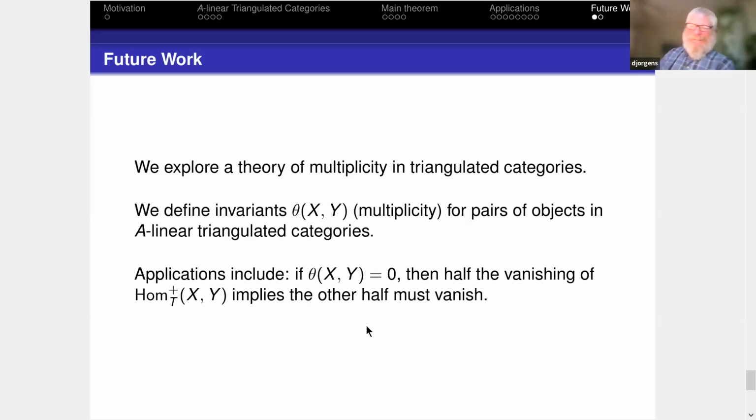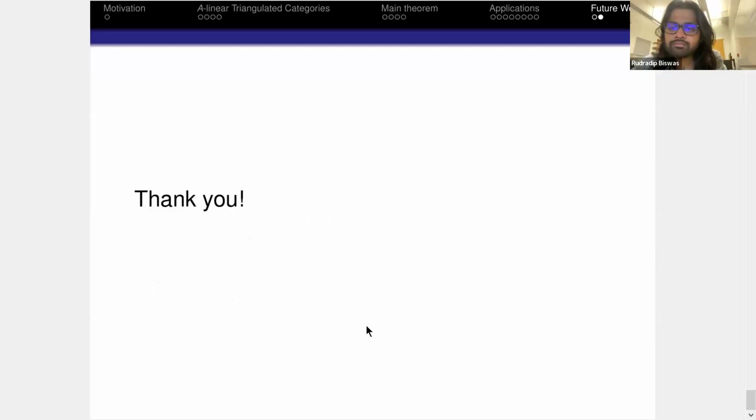So that's kind of a vague statement, but just to illustrate that the multiplicity also has something to do with vanishing cohomology in this case. Anyway, that's basically all I wanted to say.